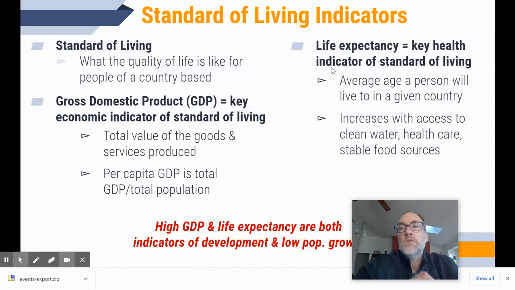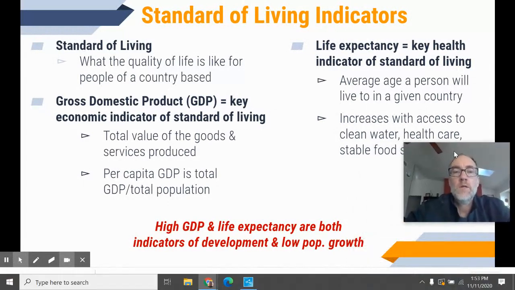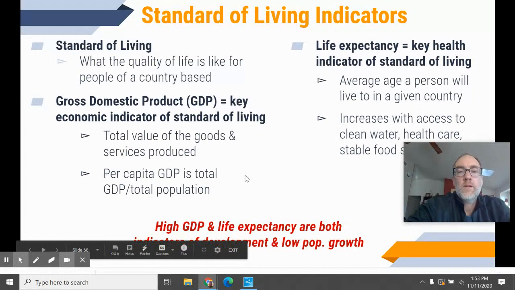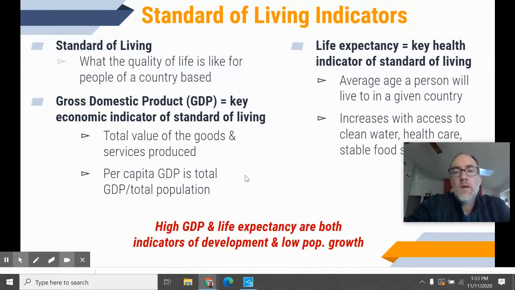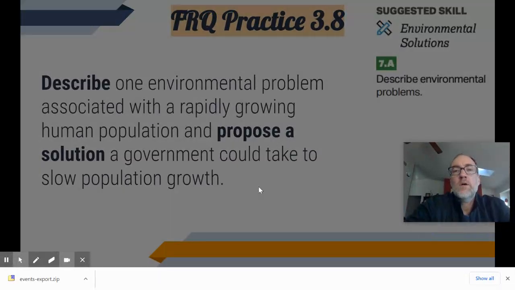Life expectancy usually is also a key indicator of standard of living. This is how long you will live in a given country at birth, typically when they estimate that population. And of course, clean water, healthcare, and stable food sources are all going to have an impact and be a good indicator. Higher GDP and life expectancy are both great indicators of development, and usually those countries are growing slowly.